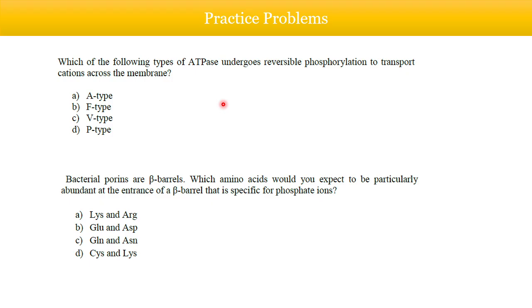Very good. The next one says bacterial porins are beta barrels. Which amino acids would you expect to be particularly abundant at the entrance of a beta barrel that is specific for phosphates? So there is the entry of phosphates, and you need some amino acids at the gate, like lysine and arginine.